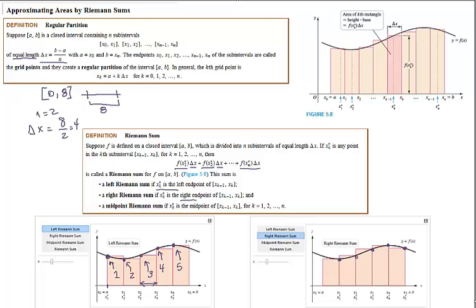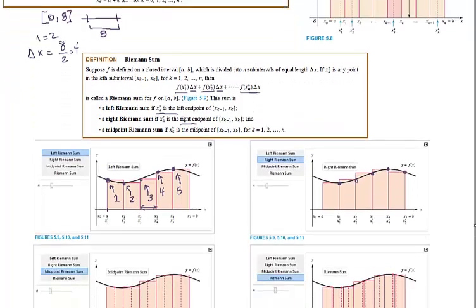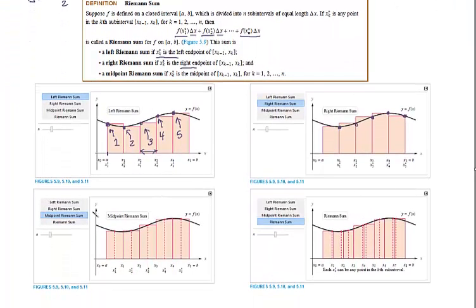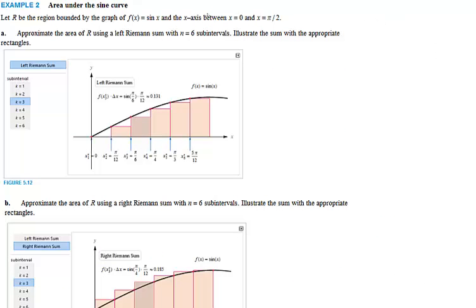And of course, we did a midpoint Riemann sum where we got the midpoint of each of those sections. And this is just talking about a generalized Riemann sum. So in working with Riemann sums, what I'm basically doing is just length times width, just arithmetic really.